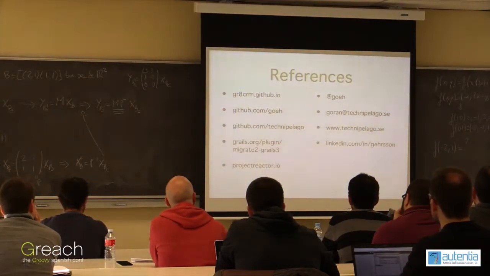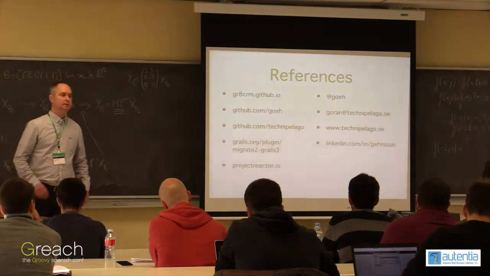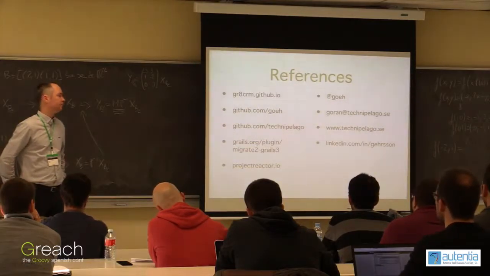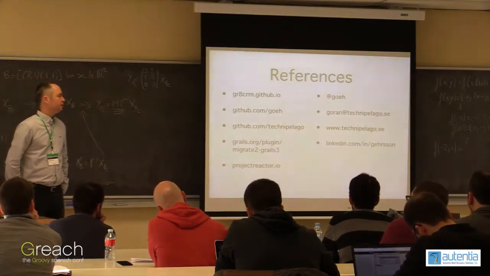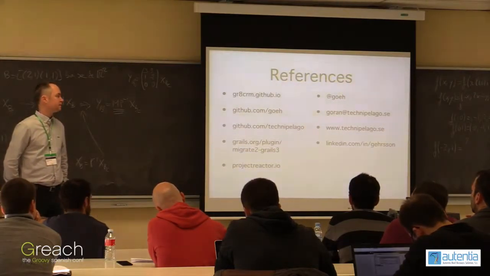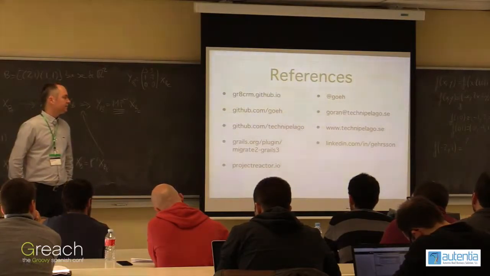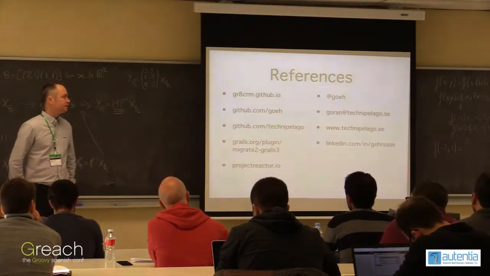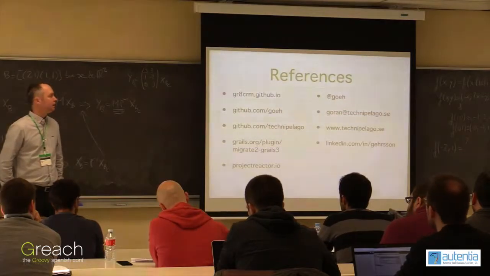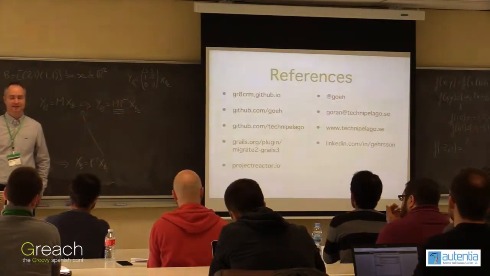The GrailsCRM.github.io site is the starting point for the Grails CRM plugins. The source code is available on mainly two GitHub accounts, but there are references from the Grails CRM site. So that was it. Thank you.